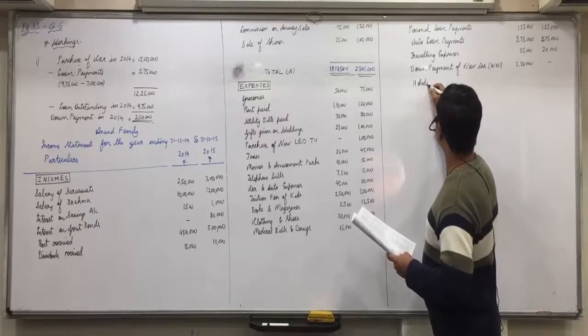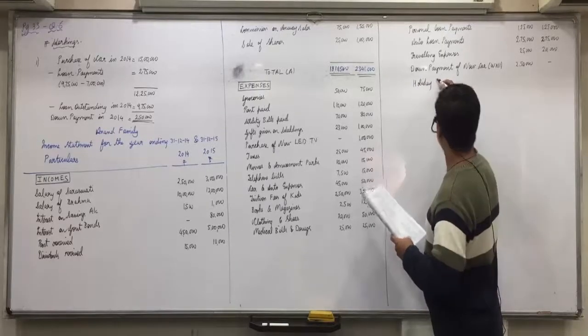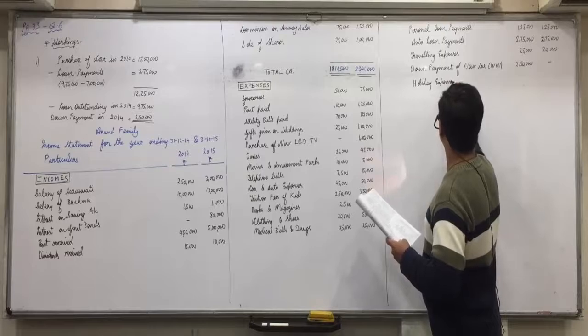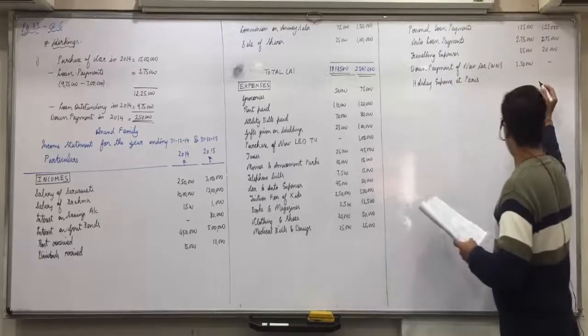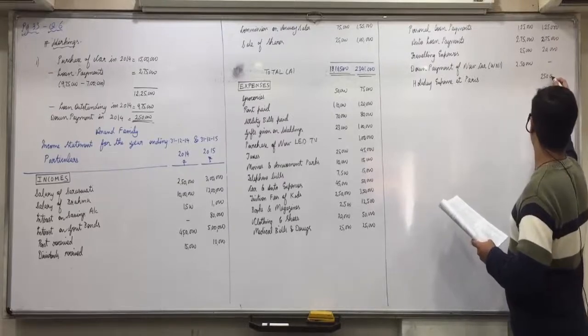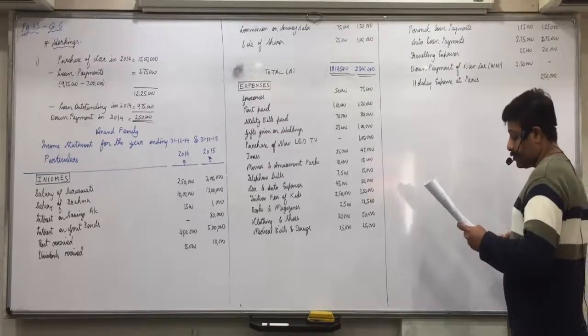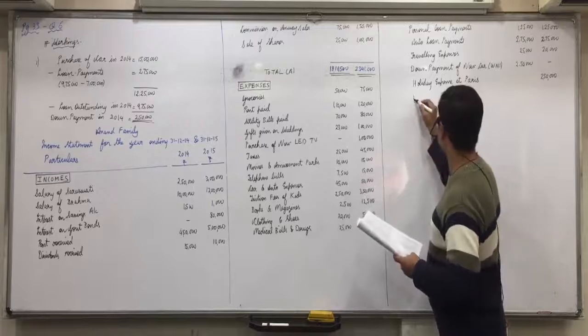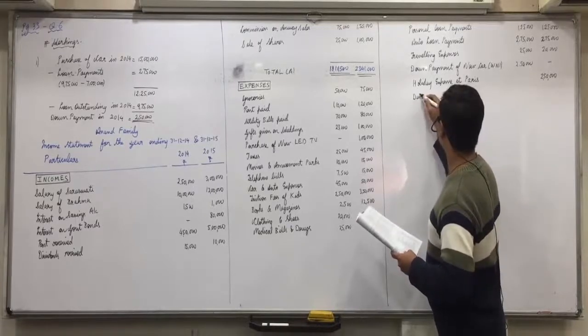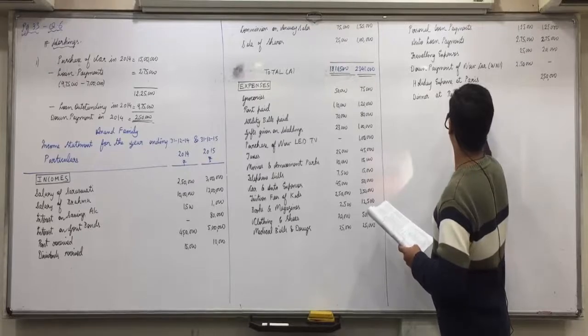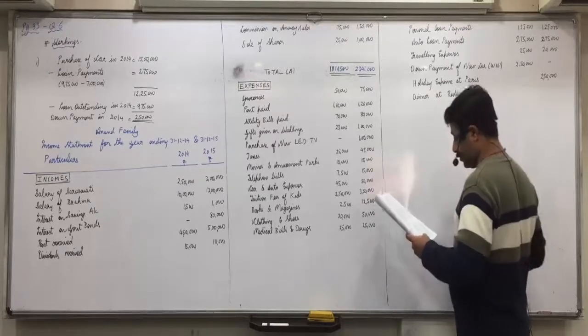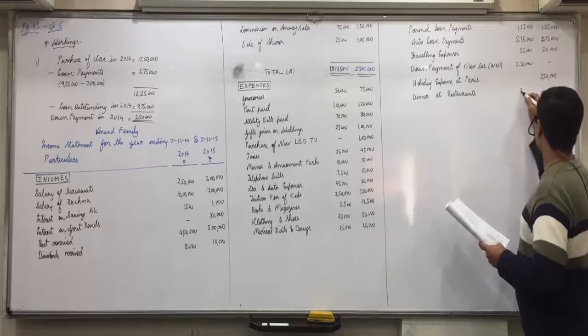Holiday expenses 2,50,000. Dinner at restaurants, 20,000 and 15,000.